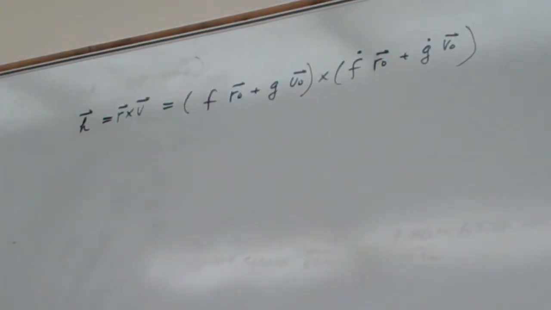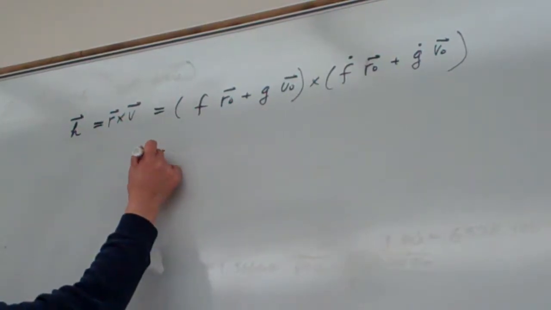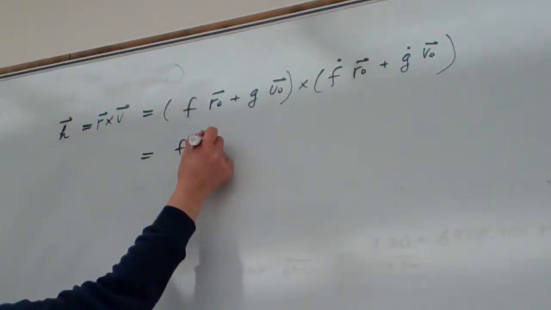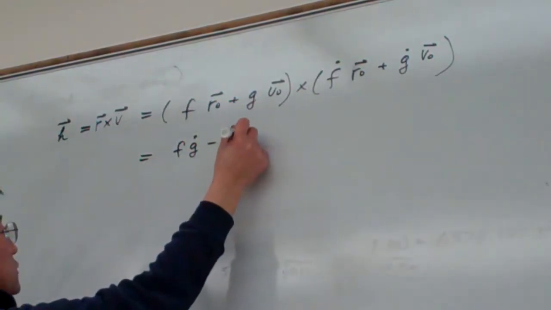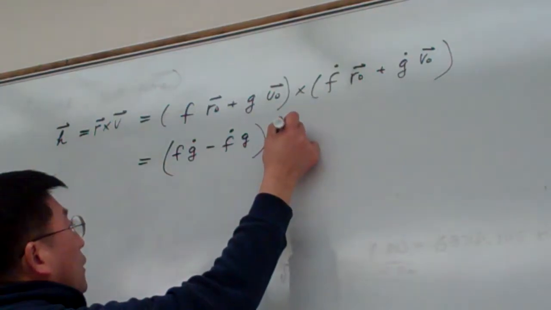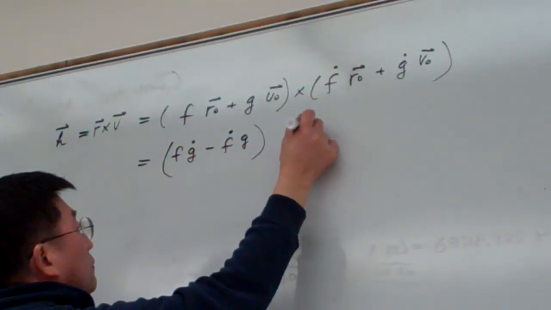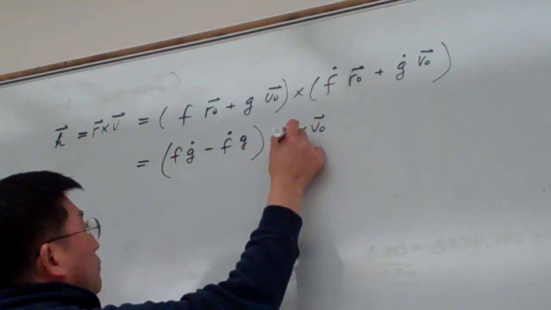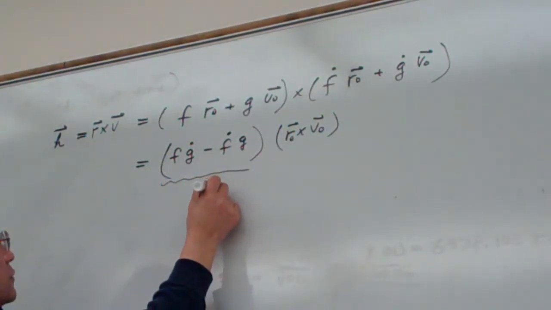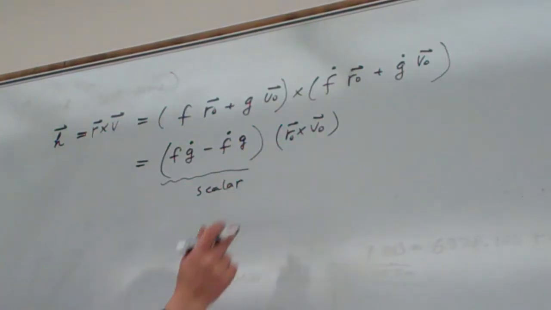Okay, so we do the calculations quickly, and that one basically equals F G dot minus F dot G times, okay, so this is a scalar multiplied with this.